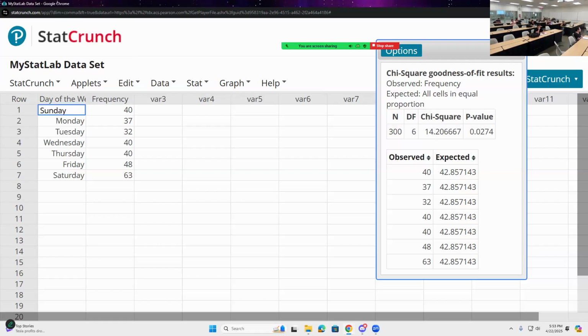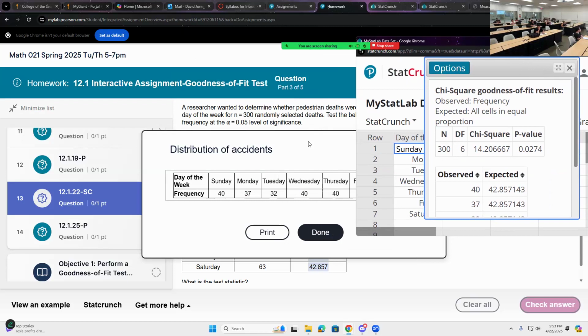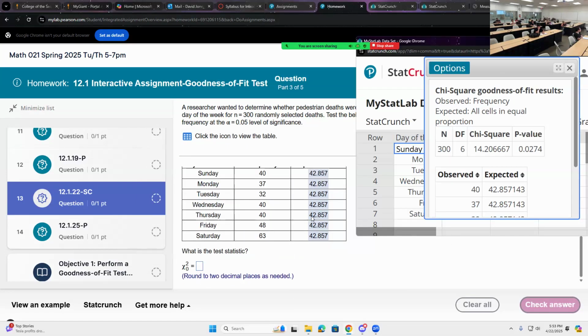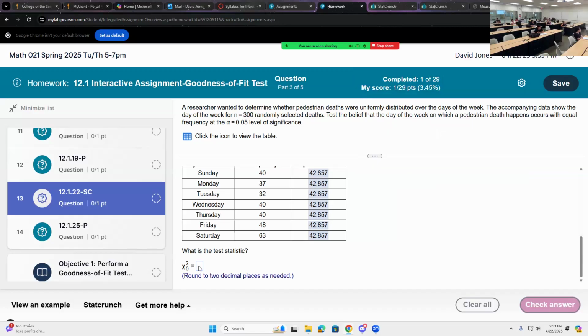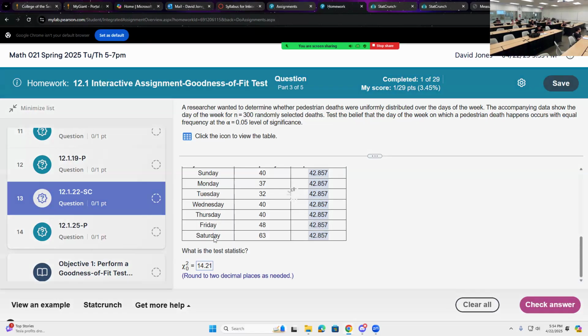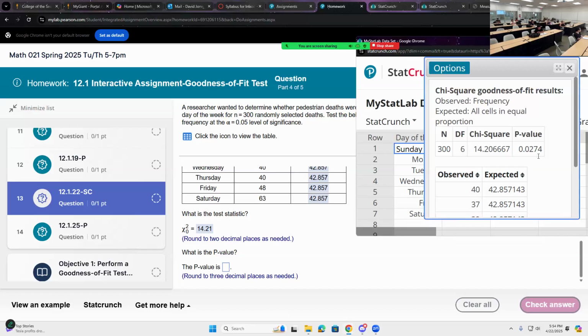This is what they wanted for our question now, they wanted the chi-square value. So they wanted the 2 decimal places. 14.21. And p-value.